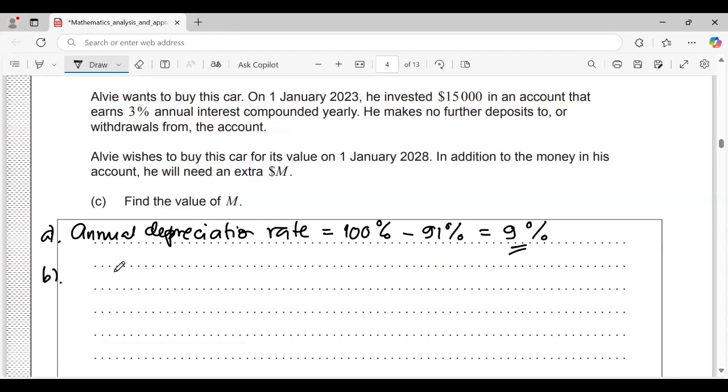Part B. We need to determine t, or time in years. It means 2028 minus 2023, and it is 5 years. Now we substitute t equals 5 into the equation C, so C equals 40,000 times 0.91 to the power 5.